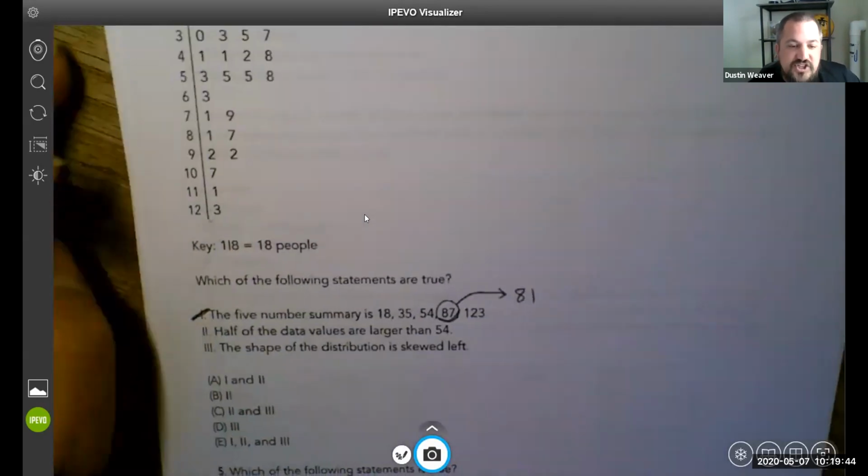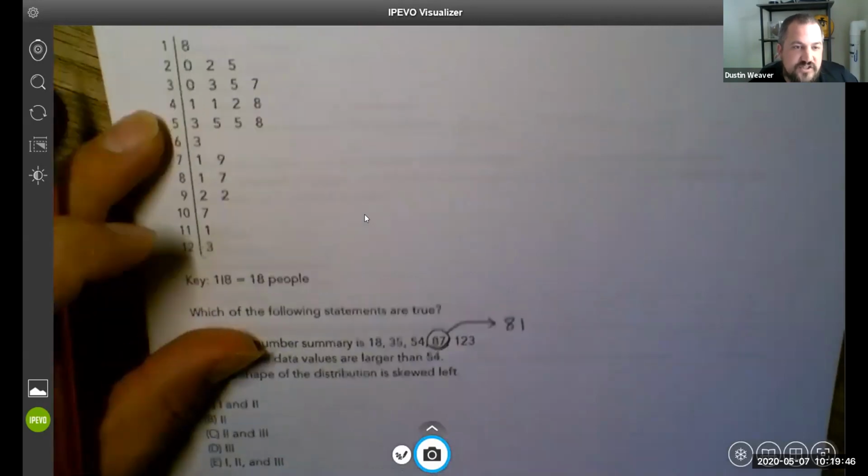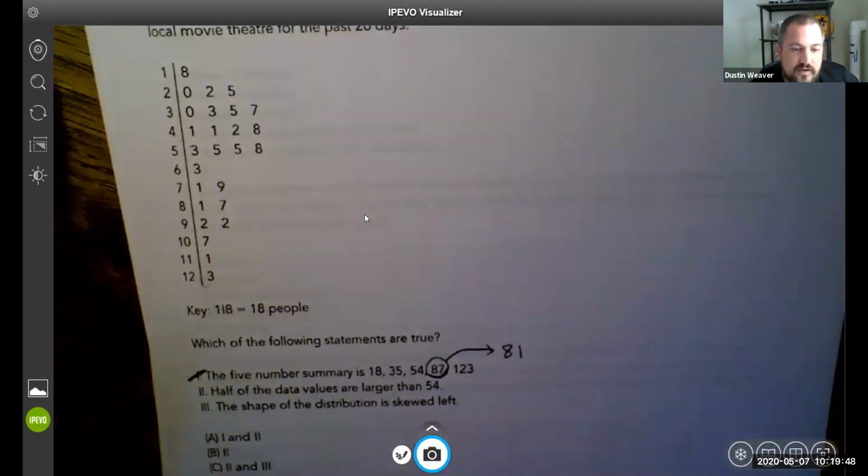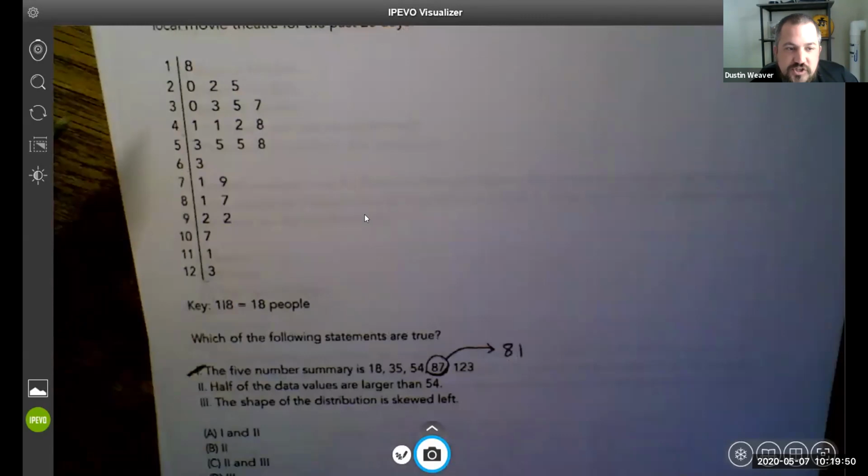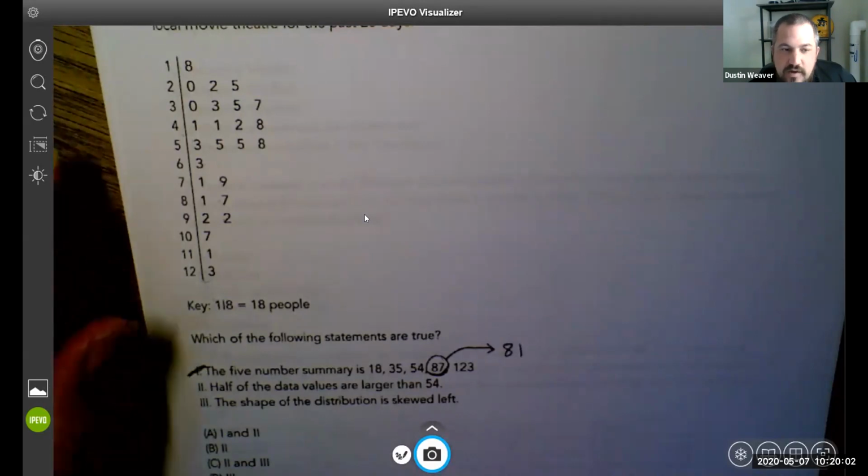So number 3, the shape of the distribution is skewed left. What is the shape of this distribution? Where is the tail? Is the tail towards the lower numbers or towards the bigger numbers? Towards the higher numbers.